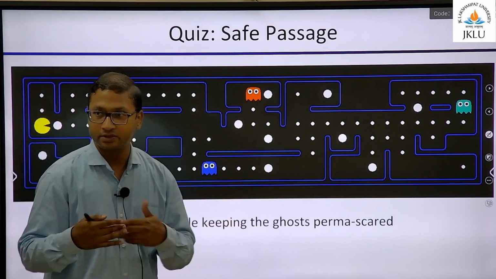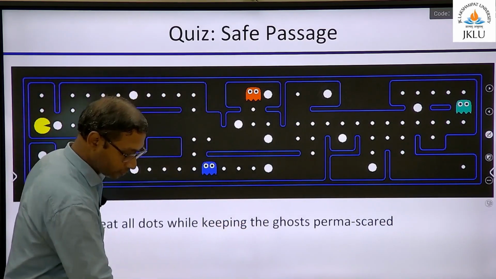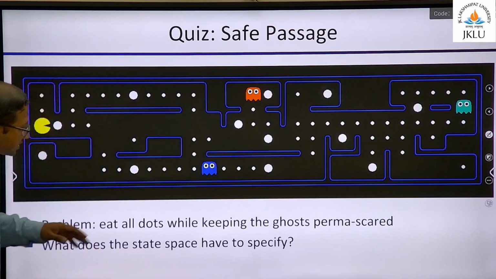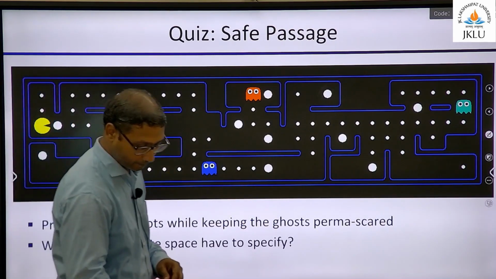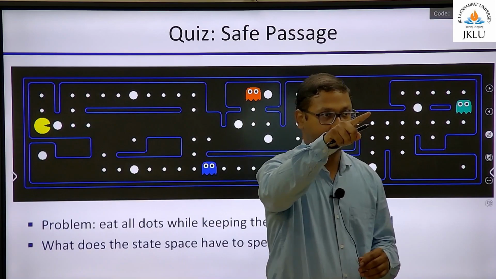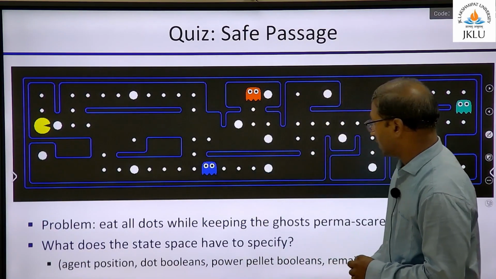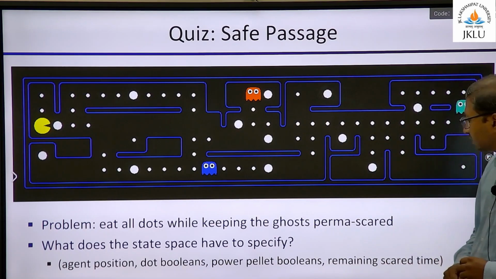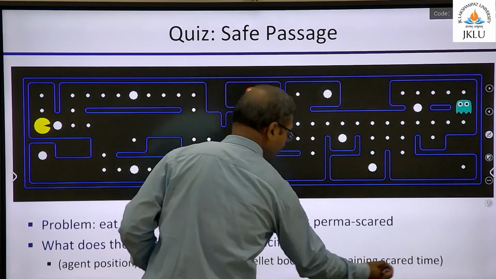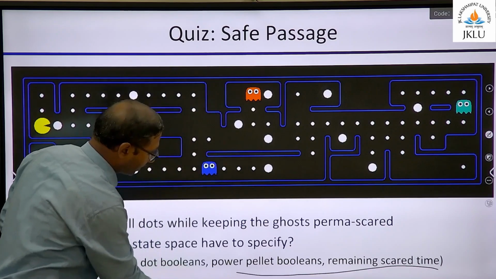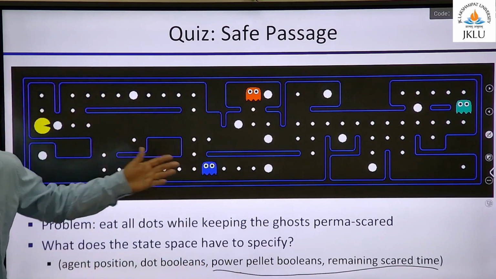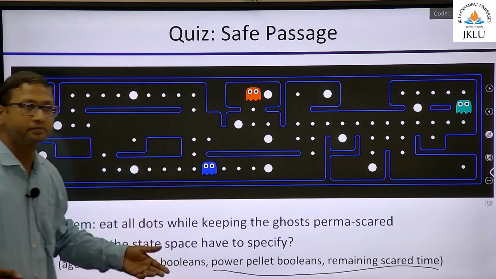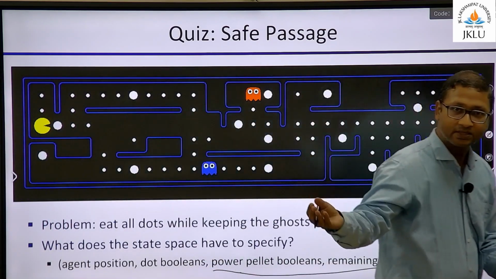Problem statement, because right. So then what does the state space have to specify? Exact thing that you had just said. Okay, agent position, boolean dots, power pellet booleans, remaining scared time, right? So these two things are now extra from what we had before. And why do we have these things extra? Because the problem has changed.